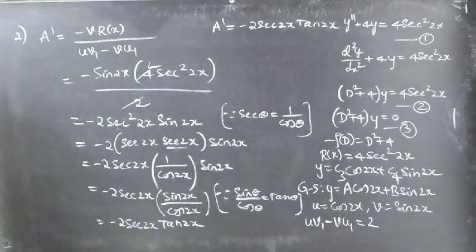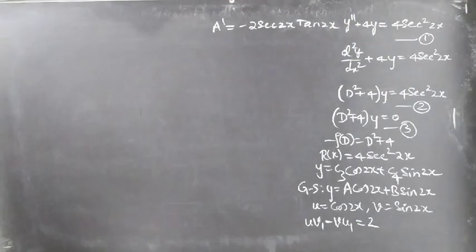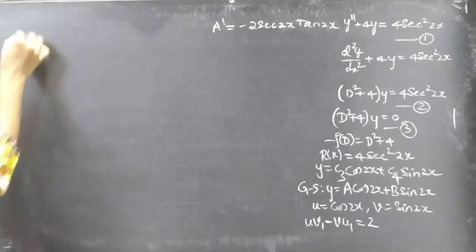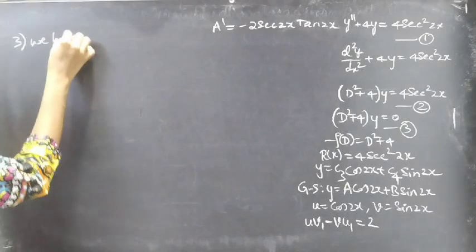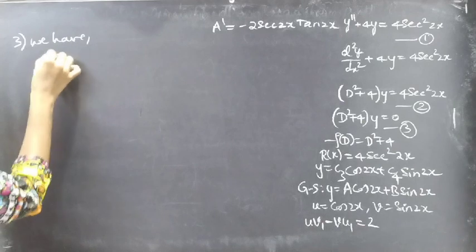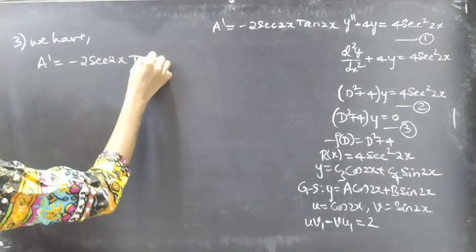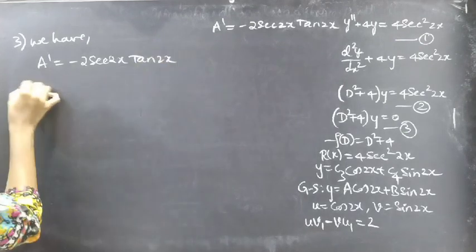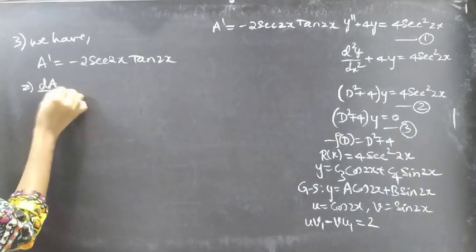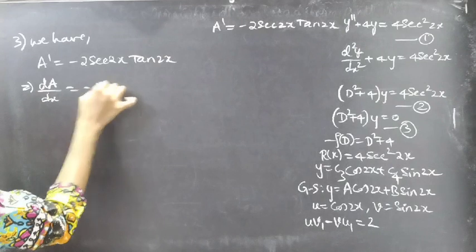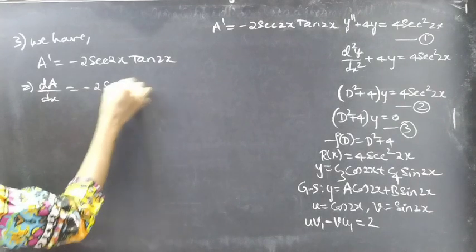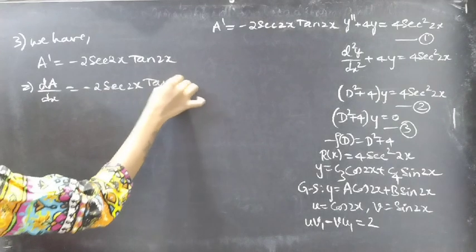Let's now find a using this a dash. We have a dash equal to minus 2 secant 2x tan 2x. A dash is nothing but the derivative of a with respect to x, equal to minus 2 secant 2x tan 2x.